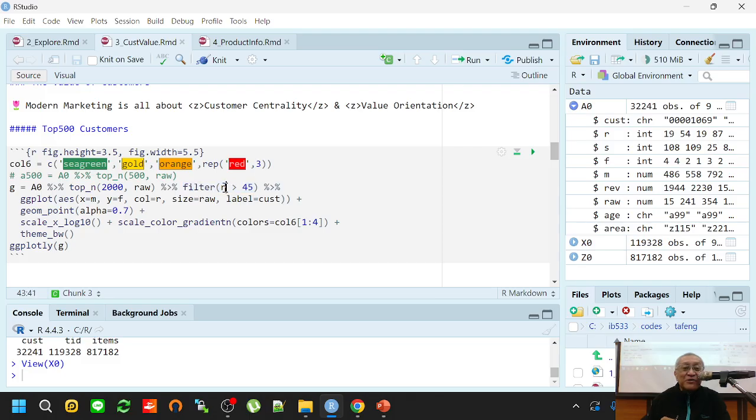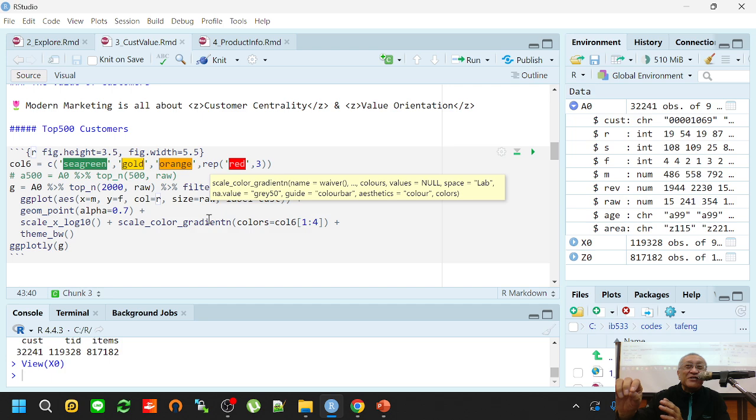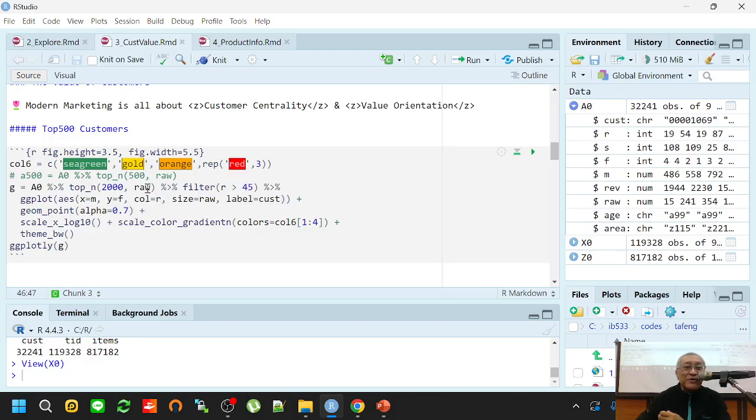This R is actually the days since this customer last bought from us, right? So some of these important customers are not buying for like 1.5 months. The reason I want to filter them out is that they are important and they are not buying for some time.